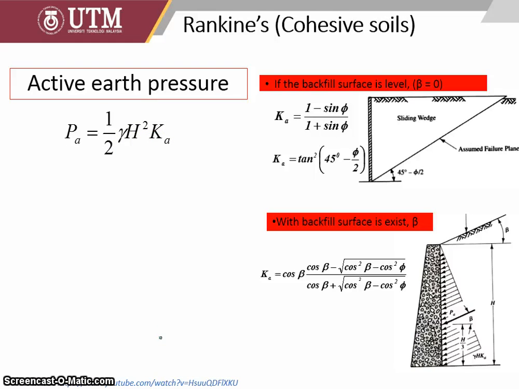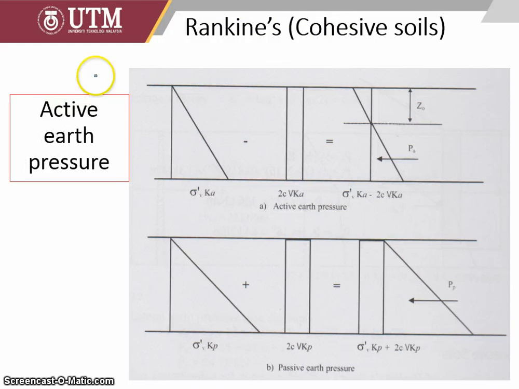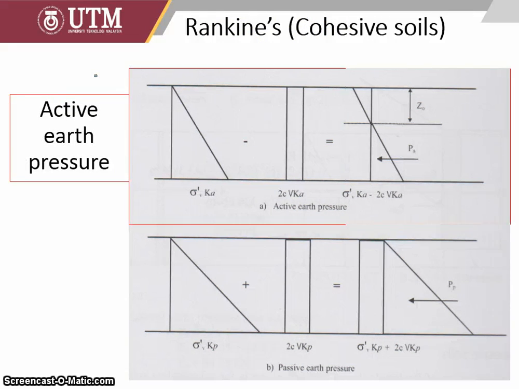In the cohesive soil, compared to cohesionless soil where P is quite simple, we have to consider the cohesion factor. We have to deduct 2 times cohesion times the square root of Ka, the coefficient of active.